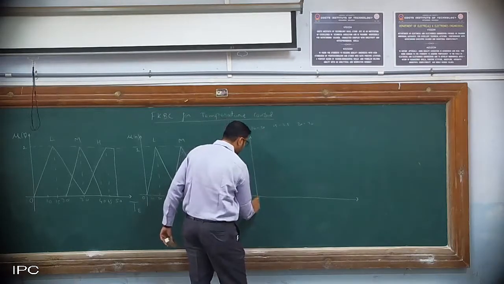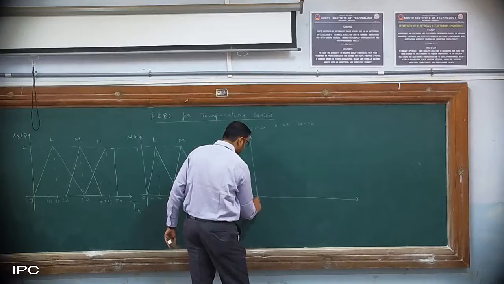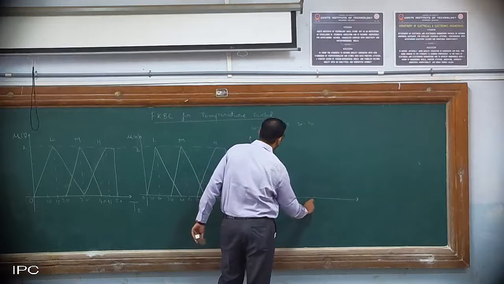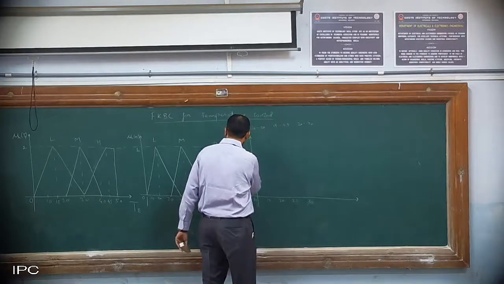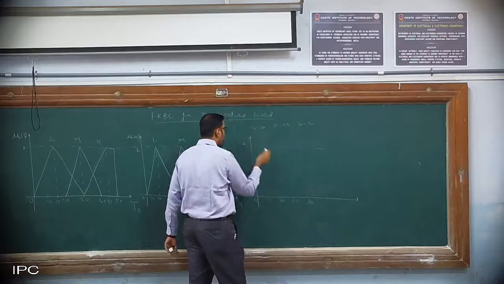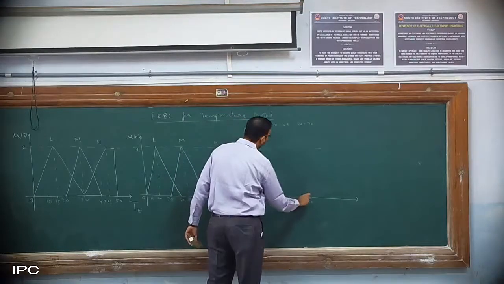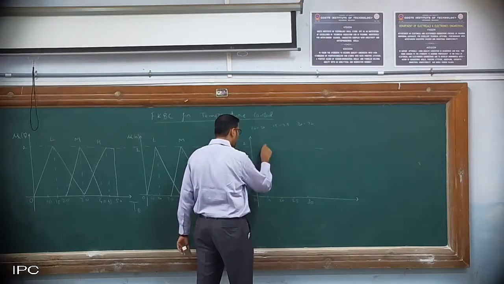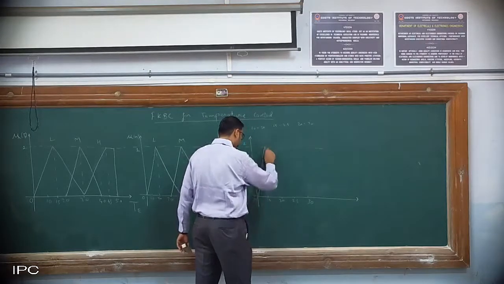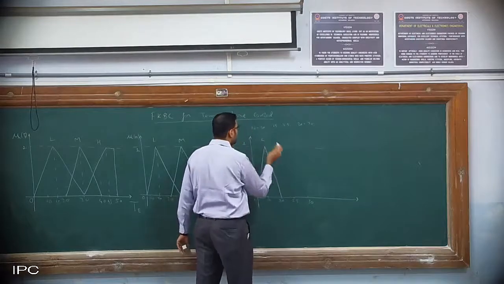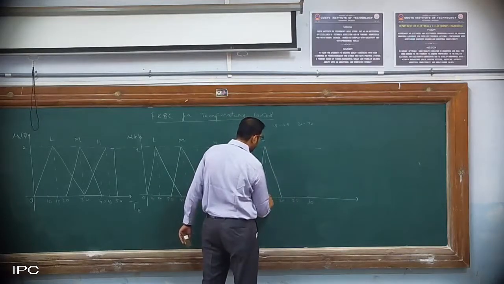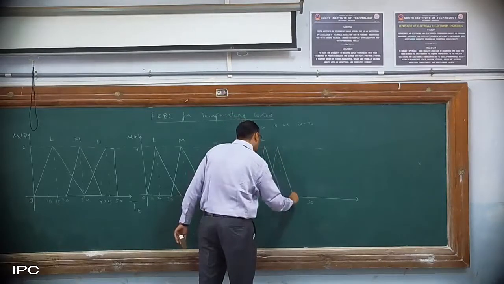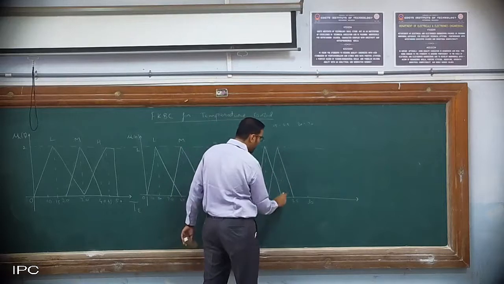The range starts from, let us say, 10, 15, 20, 25, and this is 30. Again the same thing. This is 1, and the range for our low is 10 to 20, so we'll consider 15 as our peak. This is low temperature. Then 15 to 25, this is the second shape, and then 20 to 30.